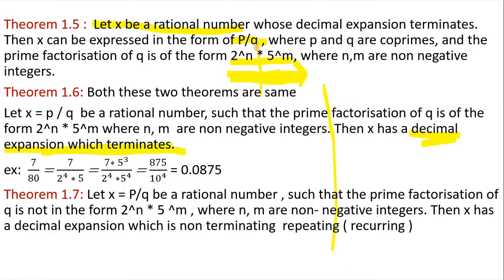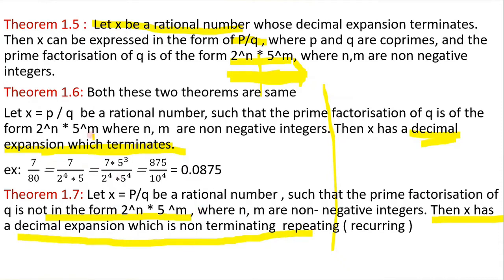If the prime factorization for q is not in the form of 2 power n into 5 power m, then the number x has a decimal expansion which is non-terminating repeating.